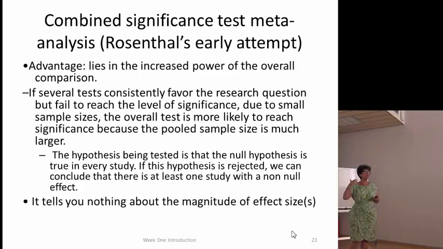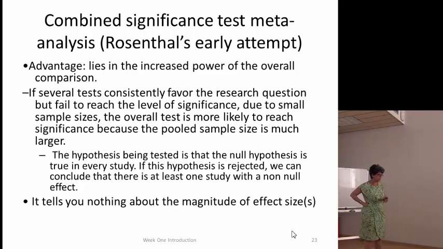And you can pool the information and conduct a significance test of all of the studies put together. And once you pool, you're not pooling the individual data points, you can't do that because the studies are too different.